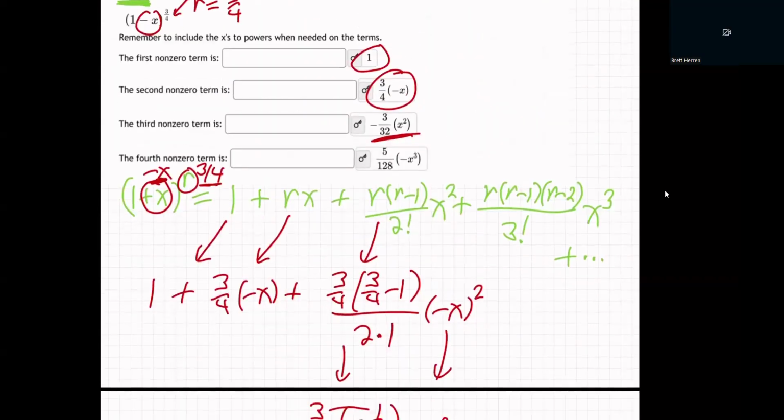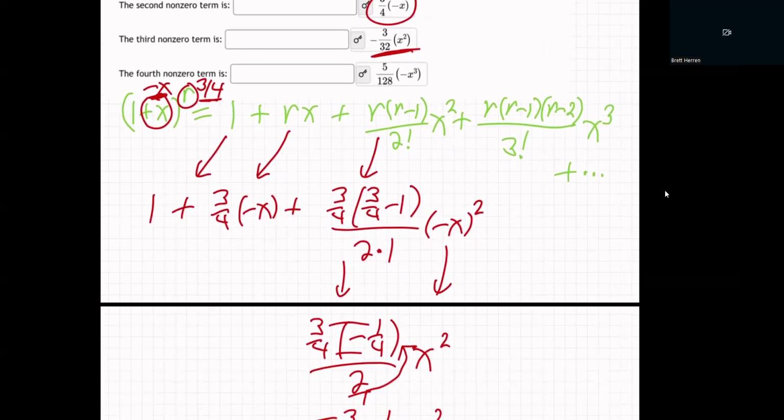One more. We need one more term. Next term, I'll do it over here in a different color. 3/4 times 3/4 minus 1 times 3/4 minus 2. So what's that going to be? That's going to be 3/4 times minus 1/4, and so on.